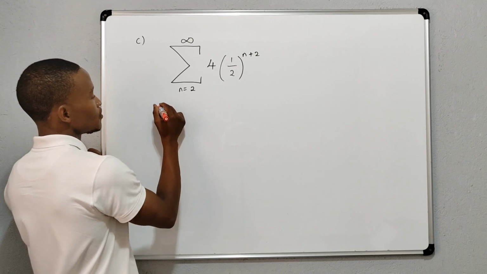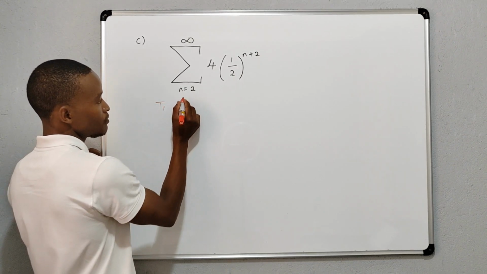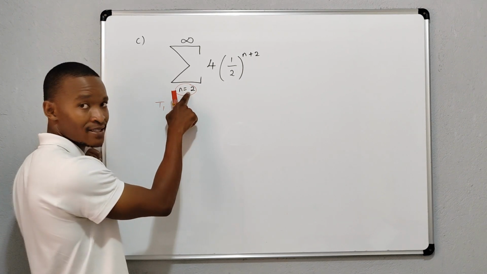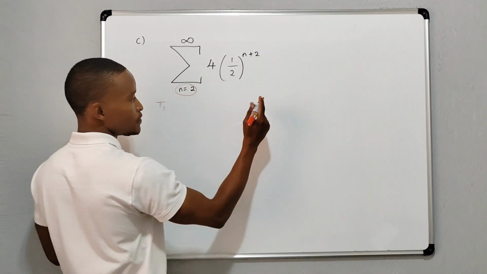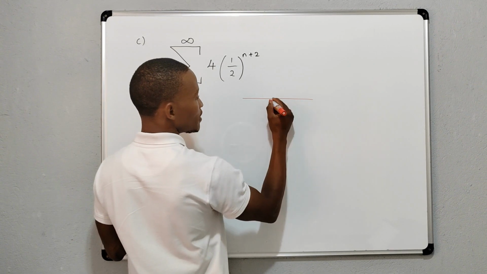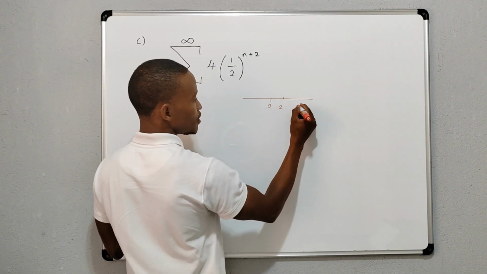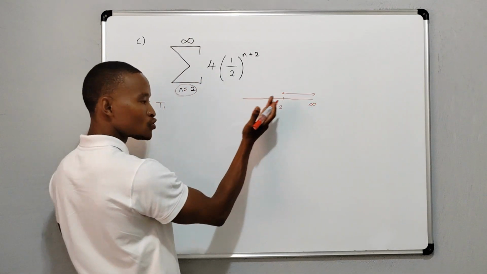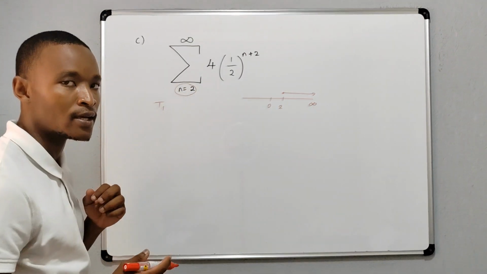Okay, so what will be term 1? This is your lower limit. It is telling you to start at 2 all the way to infinity. So if you're looking at the number line, we are moving from here all the way to infinity. Don't go to 1 or 0 or anything like that.